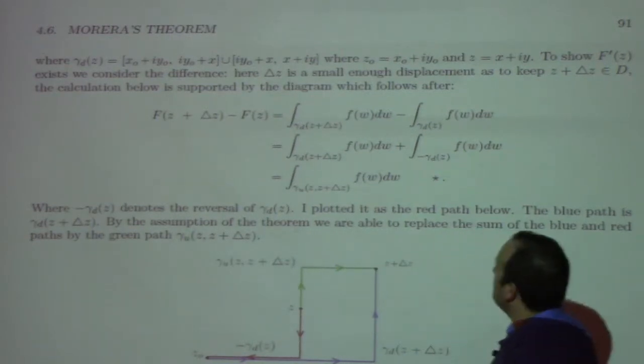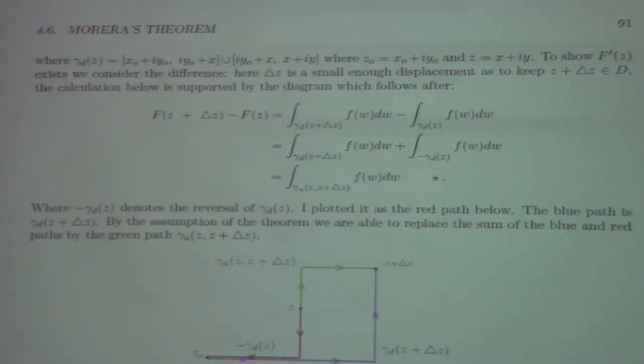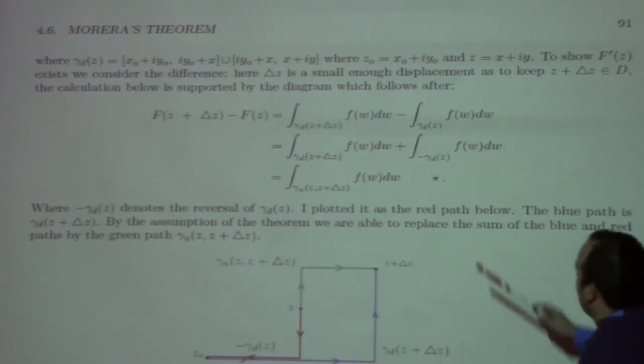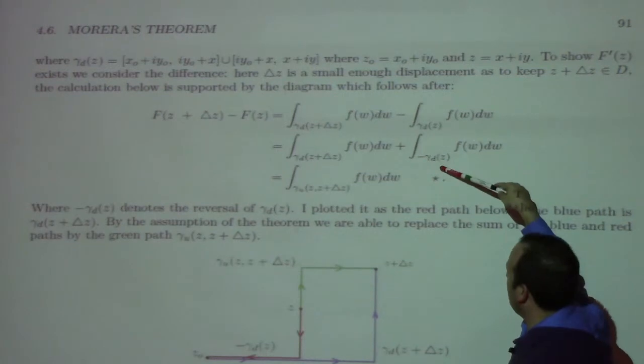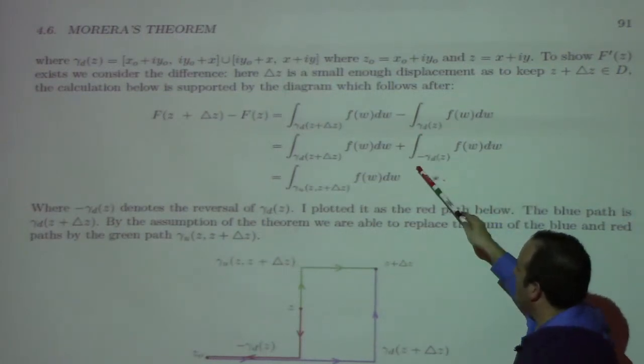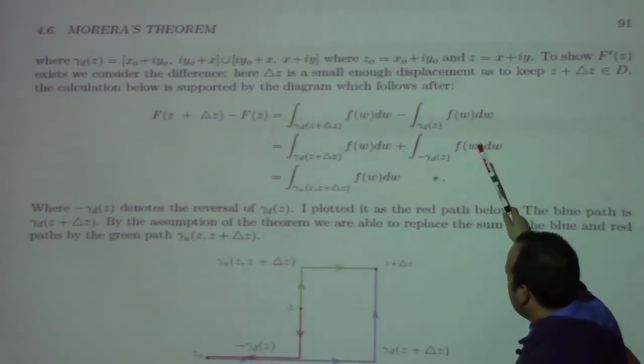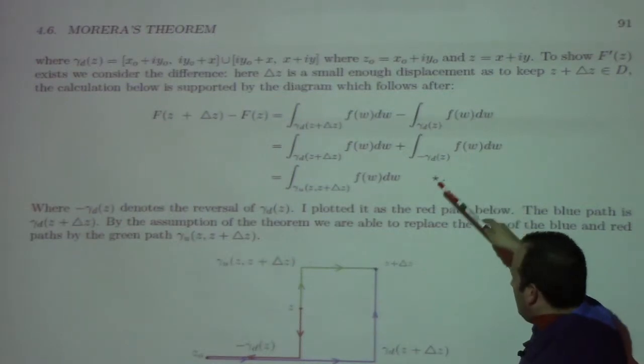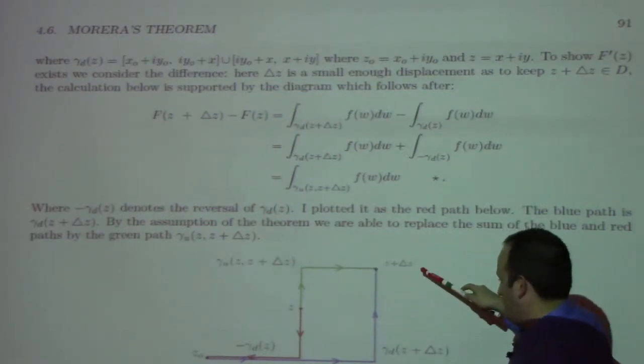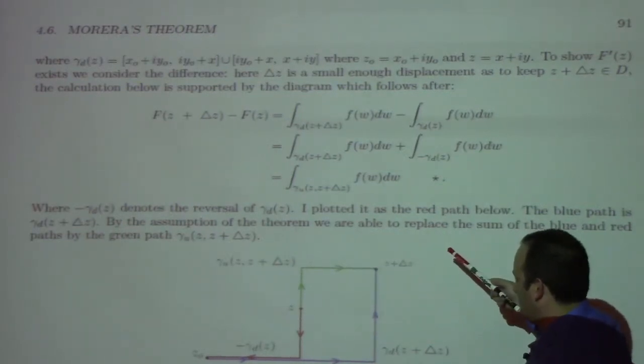I've lost my place, curses. So this step right here, of course, is just that we've reversed the path, right? So that brings this minus inside to be a plus. The gamma d of z is, let's see here, where is z in this picture is the frustrating thing. Oh, z is right here, duh.